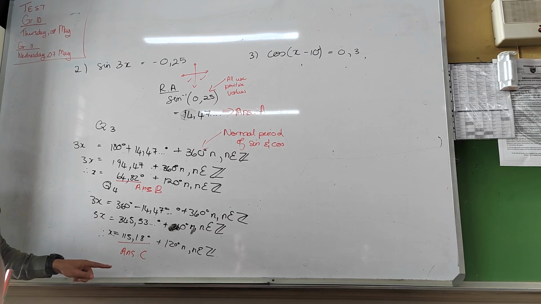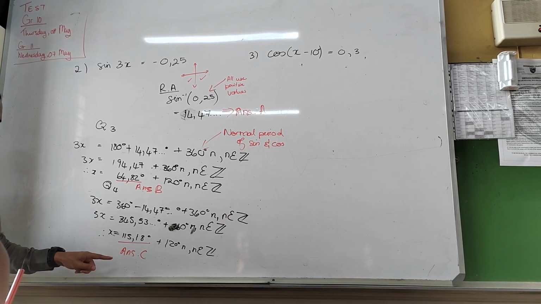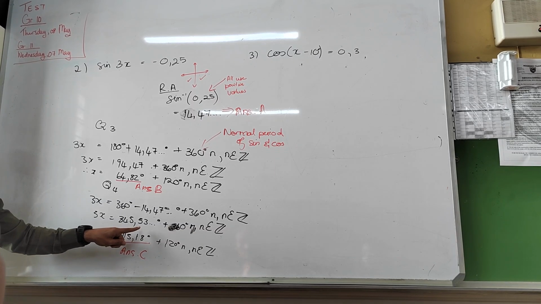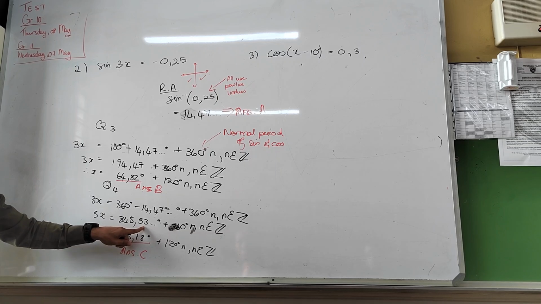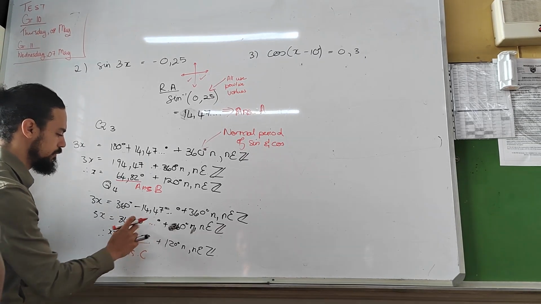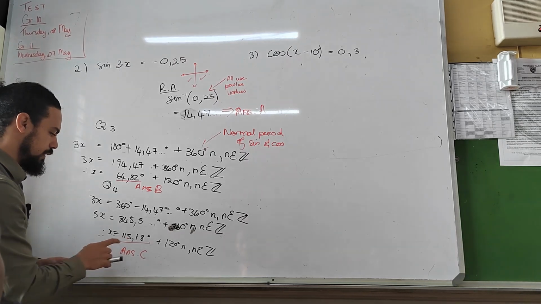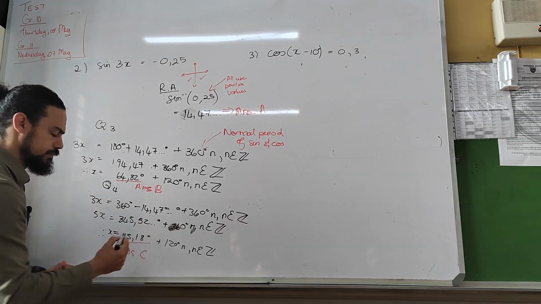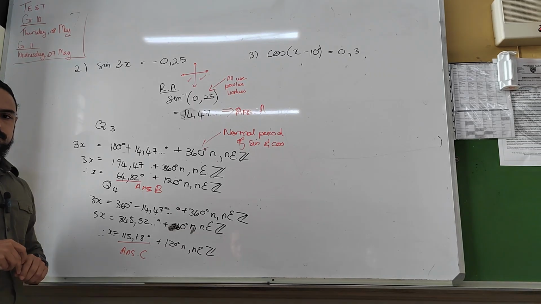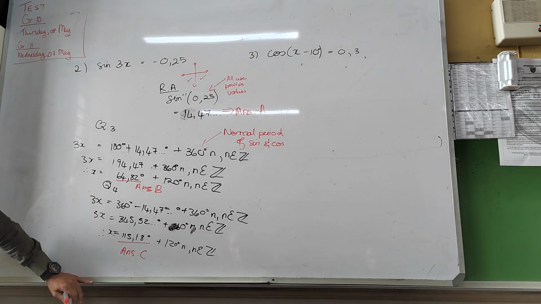Any mistakes? Everything right? Yeah. So it's supposed to be 2. And this answer? Divide by 3.